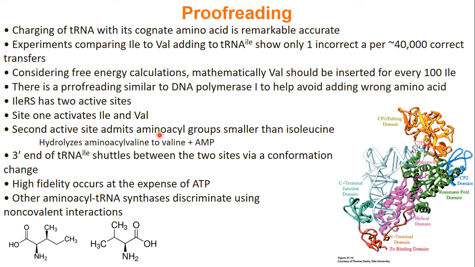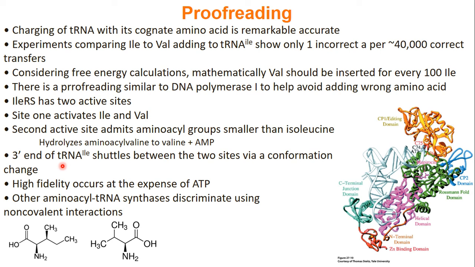However, site 2 will only allow the tRNA with the valine attached to it to enter there. And any amino acid that goes into site 2 with the tRNA gets cut. So what happens is that you remove the valine and the AMP as well. And what's happening is that the 3' end of our tRNA is shuttling between these two sites via a conformational change.